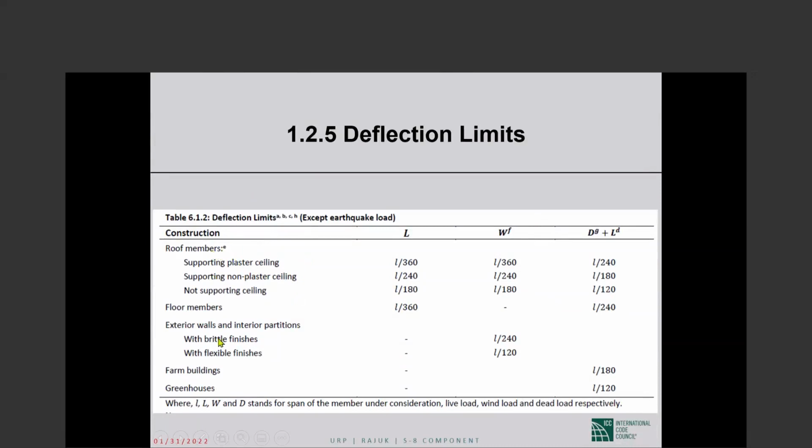So yeah, I'll let you read. Roof members supporting plaster, seating, etc. Floor members, exterior walls. These are the limits on the vertical deflection caused by live loads, L over 360, L over 240, etc. This is due to dead and live load.